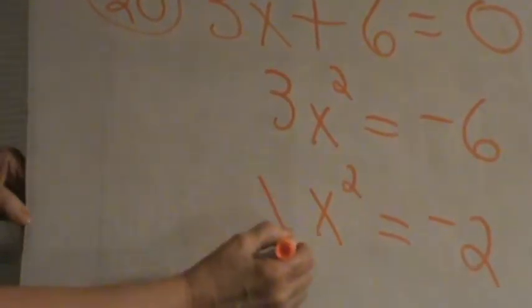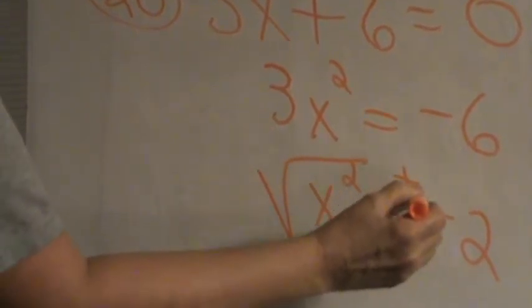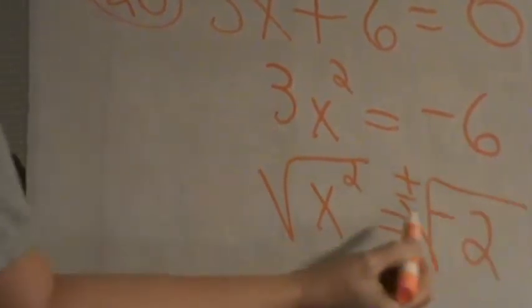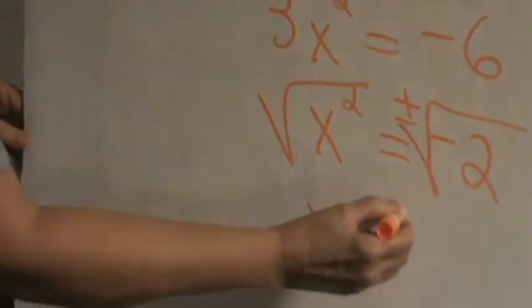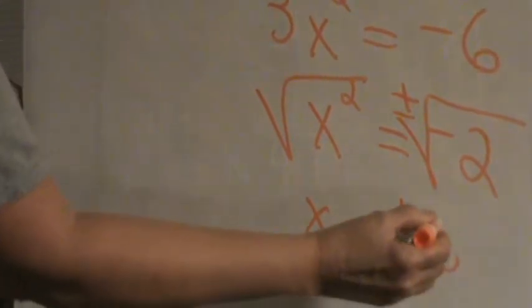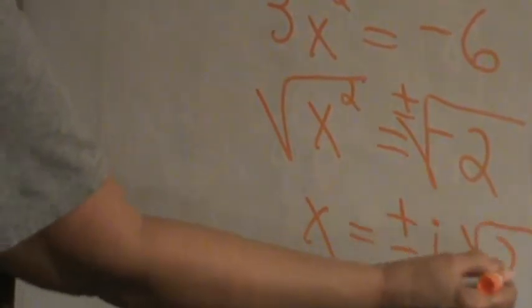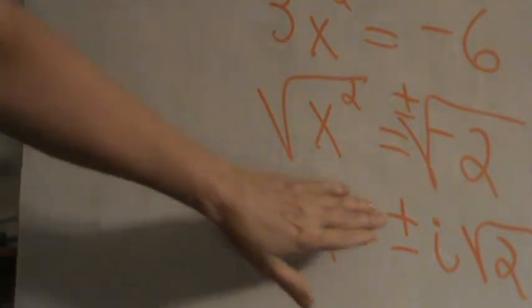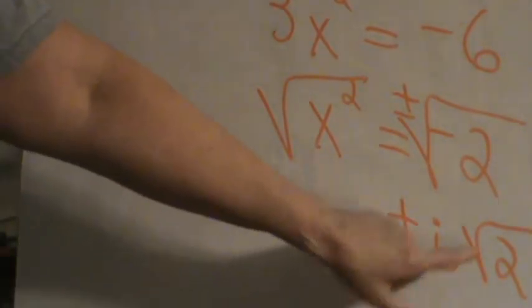To get rid of that exponent, use the square root, and you use a plus/minus square root on the right-hand side. That negative is going to produce an imaginary number. Square root of 2 is a decimal, so you leave it alone. Plus or minus i square root of 2.